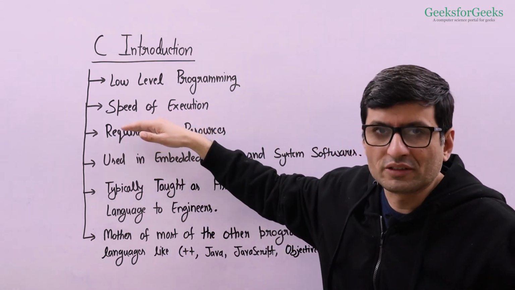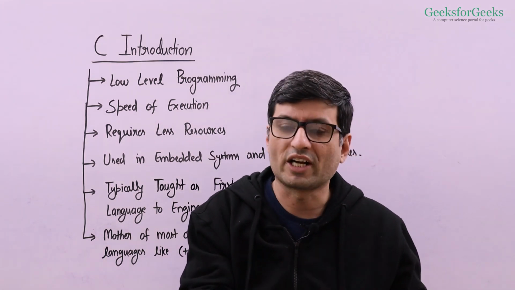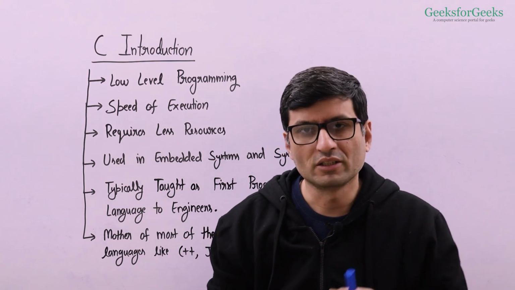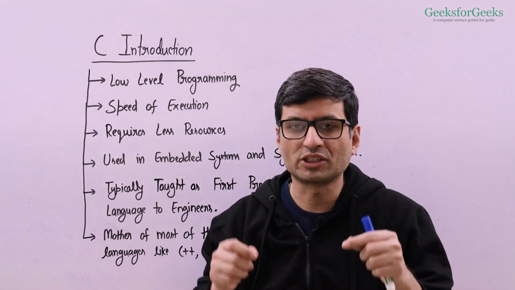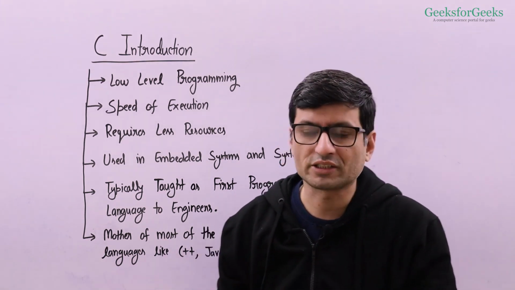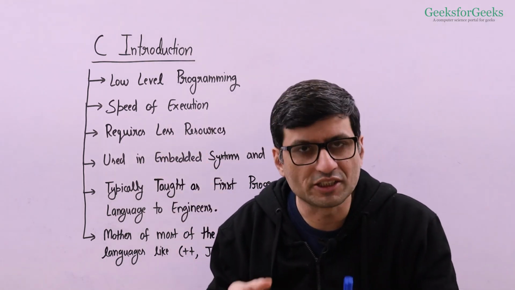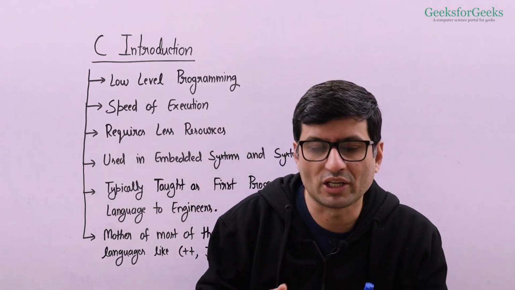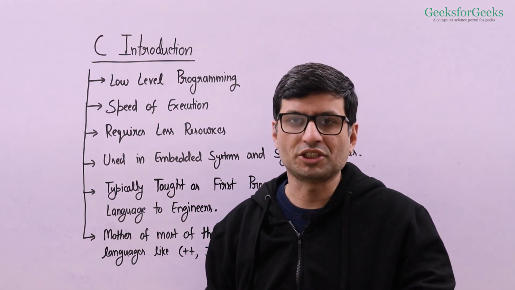Speed of execution is another advantage of C and C++ compared to other languages like Java and Python. Once the code written in C and C++ is compiled and you have a binary, that binary runs really fast and requires fewer resources. Java and Python run on a virtual machine.